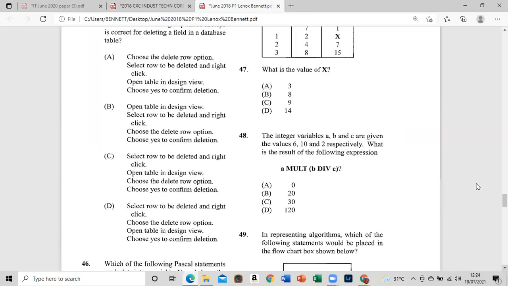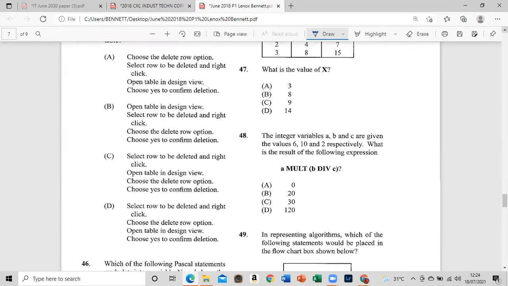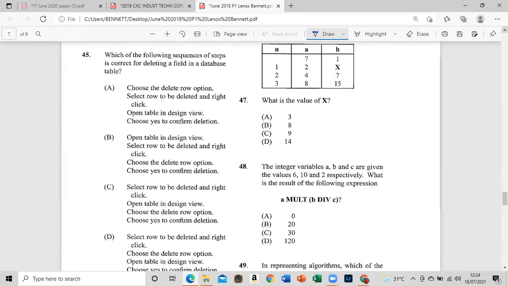Once you see all the options, now go work. Read it first. Which of the following sequences of steps is incorrect for deleting? That was done on the 2020 paper. And we say, is it choose delete row option? Select row to be deleted. Guys, you must know, at the row, you have to select the row first, right?